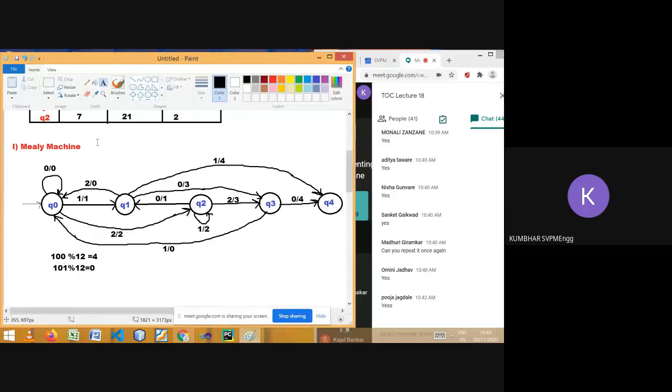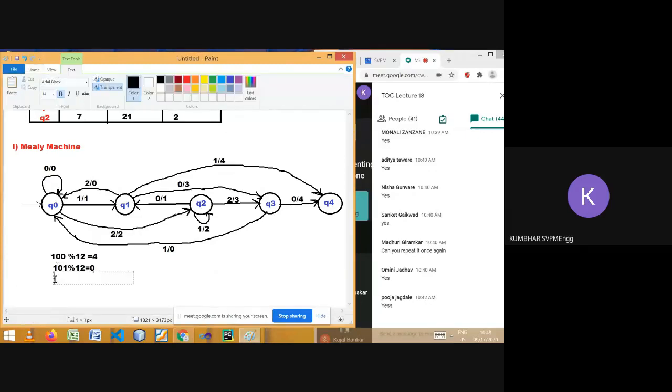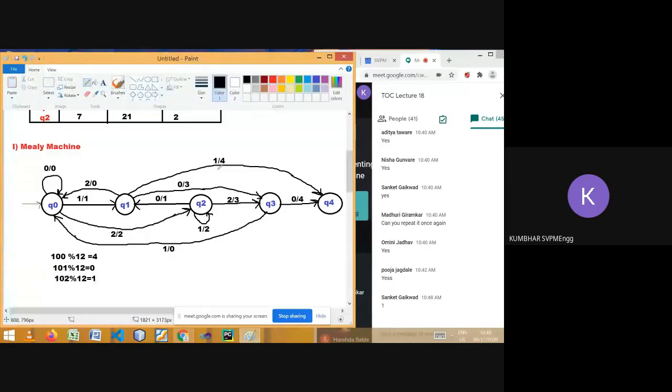Let's go for next. 1 0 is already there, and if we read 2, 1 0 2 means 11. 11 mod 5 means 1. Perfect. So from Q3 it should go to Q1 because it is the 1 remainder state.